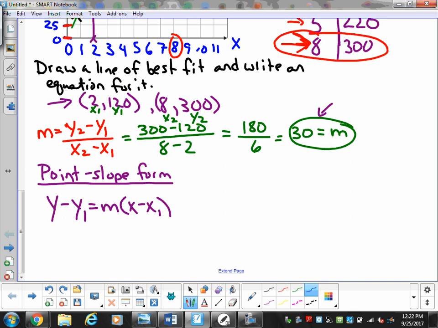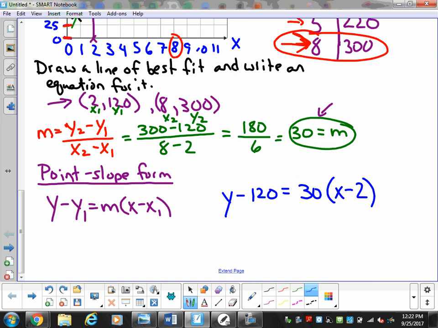So if I use my same x1 and y1 from the problem, I will now have y minus 120 equals m, which is 30, parentheses x minus 2. So that's my equation in point slope form.